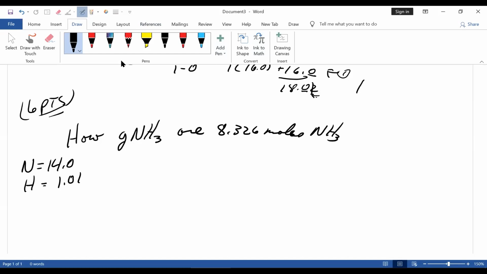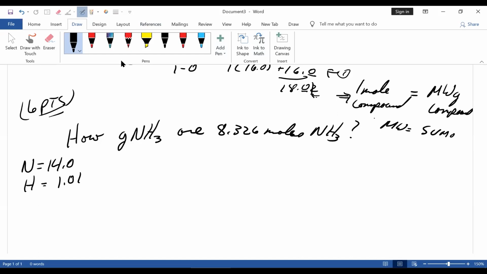Remember, one mole of a compound equals the molecular weight of a compound, and the molecular weight equals the sum of all atomic weights.